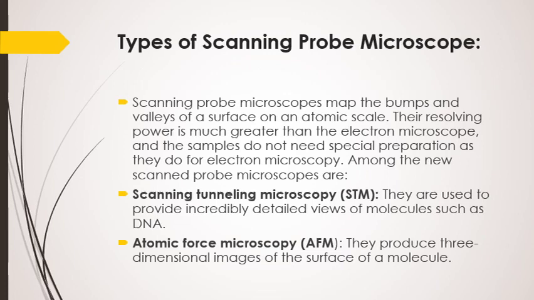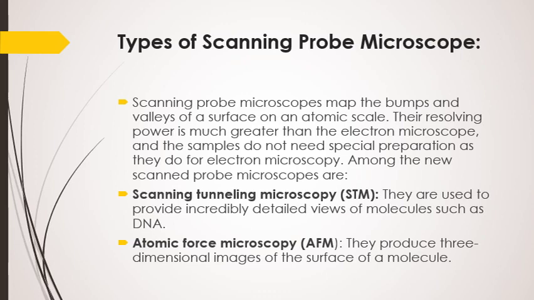The power of scanning probe microscope is much greater than electron microscope, and only a simple sample is used in this microscope as compared to the sample that is prepared for electron microscope.